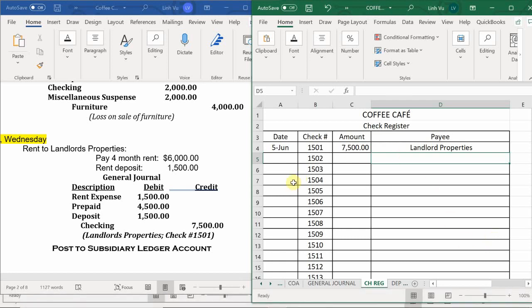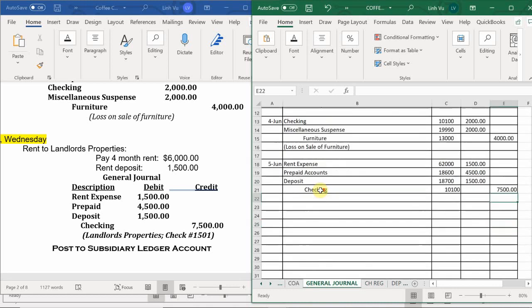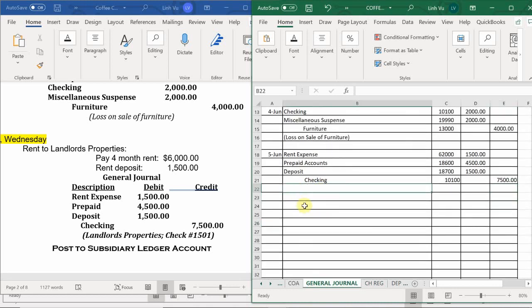Now, in this case, what was the check number I wrote out? 1,501. Correct. So this is what I want you to do every time you write a check to somebody. For the description in my journal, I want you to say that I have a person who's providing service to me, his name is Landlord Properties.